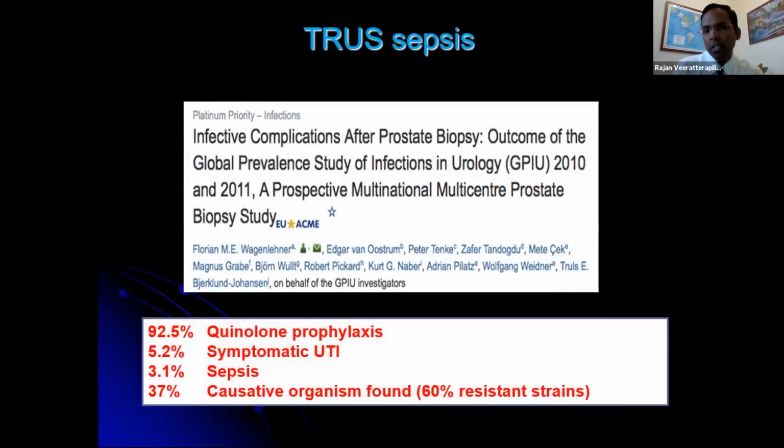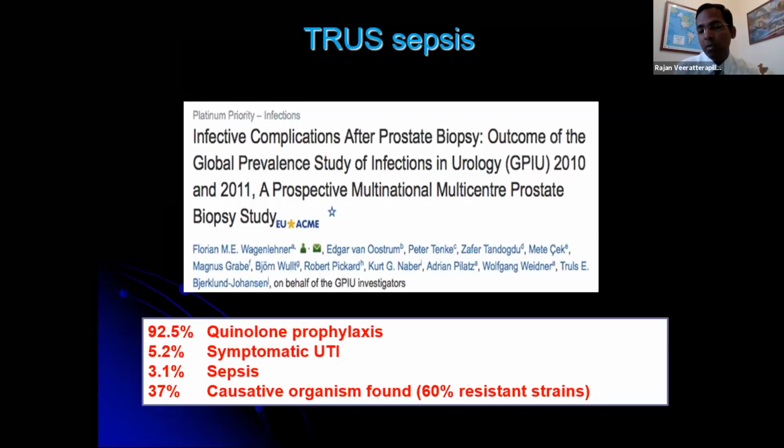a very elegant study performed in over 80 countries. This study is about 7 to 8 years old now, and virtually most people were using quinolone prophylaxis. The rate of sepsis was 3.1% in this study of just over 700 patients. And very worryingly, where causative organisms were found, 60% had resistant strains.